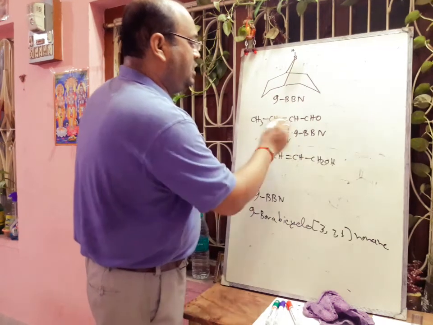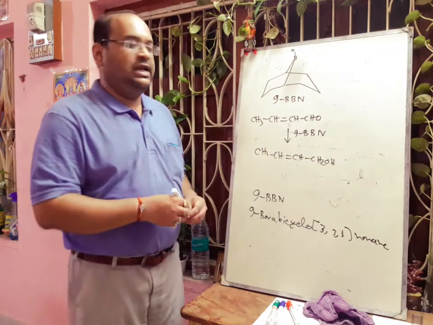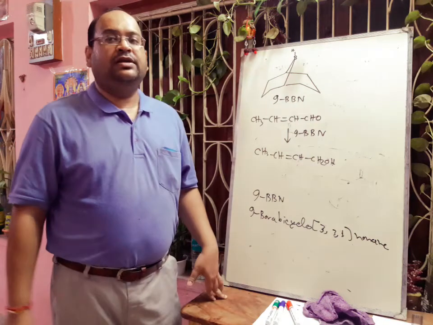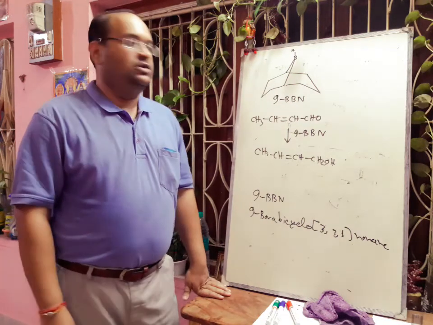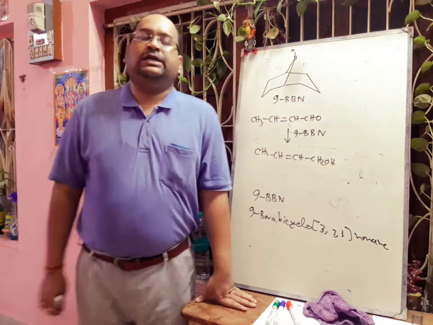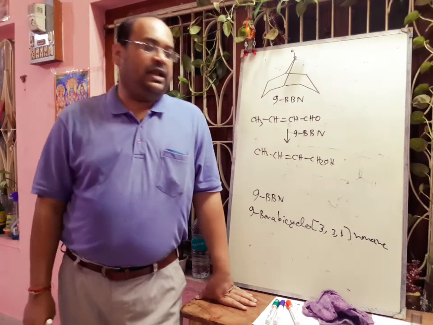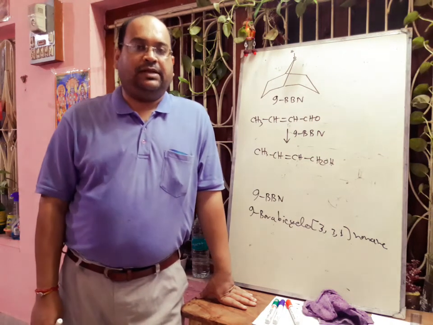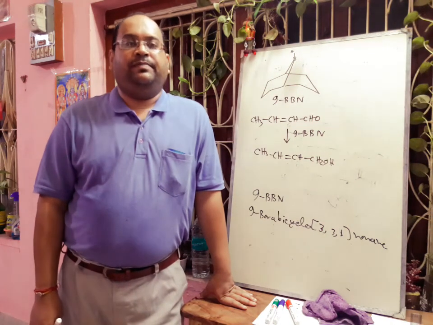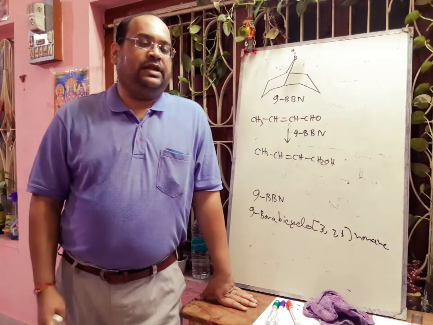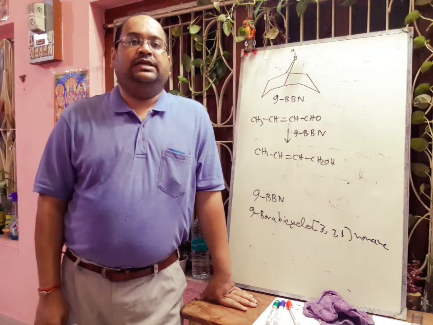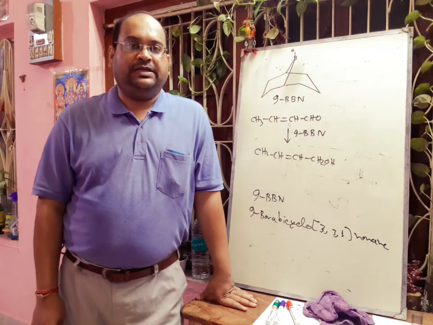So here the double bond will remain unaffected, and this is one very important chemoselective reagent. So I hope you can understand the preparation of alcohols by different methods. Okay, and in the next class I will discuss the physical and chemical properties of alcohol.